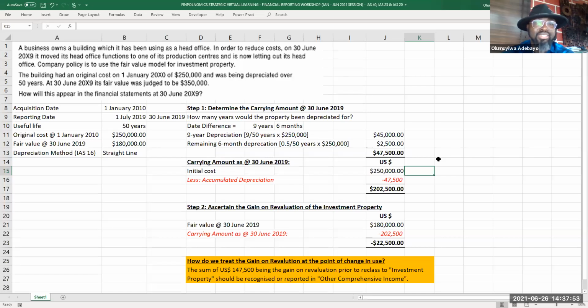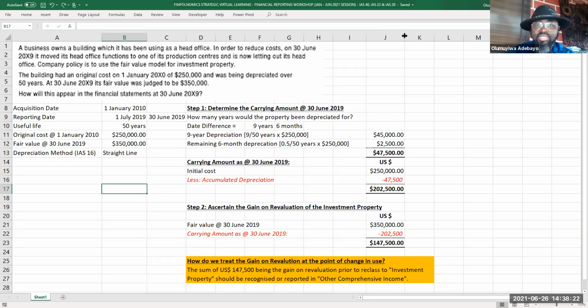But if the property itself was carried under the revaluation model under IAS 16 before now, and it has a revaluation surplus or reserve, such loss will first of all be used to reduce that surplus or reserve to zero, in line with what we have discussed in IAS 16, before any excess above such will be reported in profit or loss. Does that make sense? Yes.